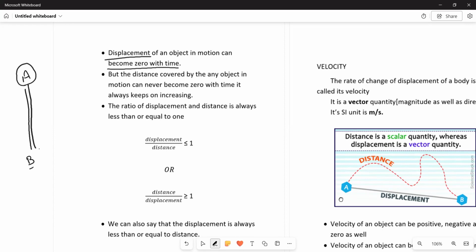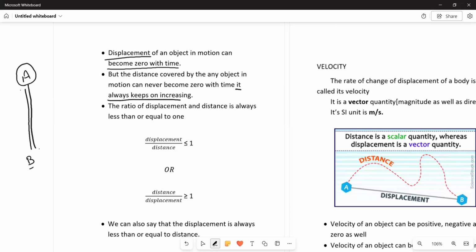There is no distance between you and your final position, no difference at all. So in this case our displacement becomes zero, and it will take some time, right, to move from A to B and then again move from B to A. So displacement can become zero with time, but the distance covered by any object in motion can never become zero with time.